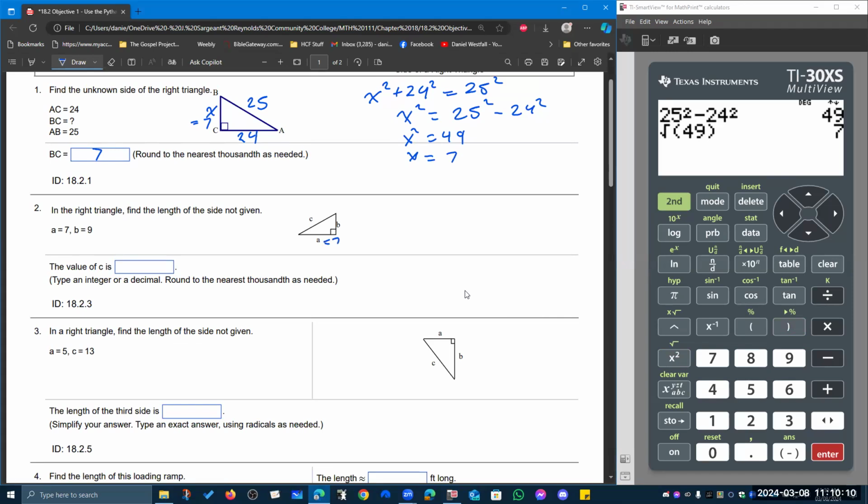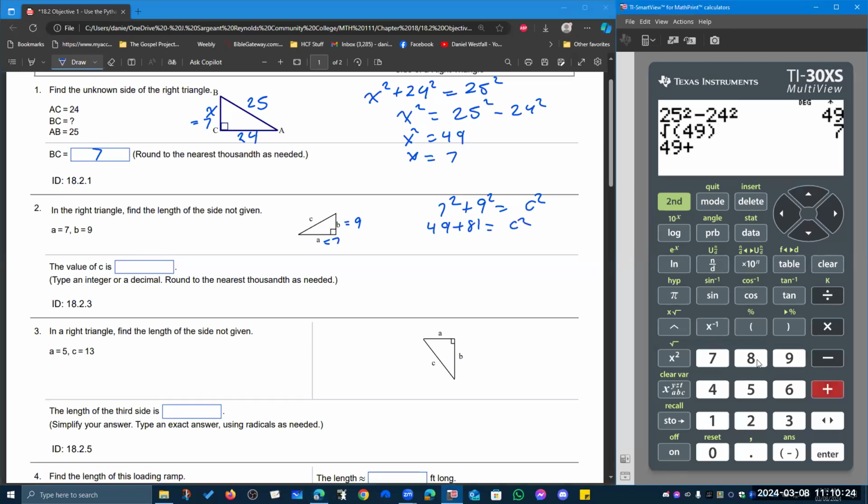If A is 7 and B is 9, 7 squared plus 9 squared is equal to C squared. 49 plus 81 is equal to C squared. 49 plus 81 is 130. So C is going to be the square root of 130.